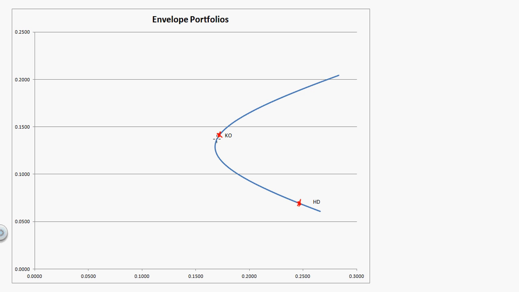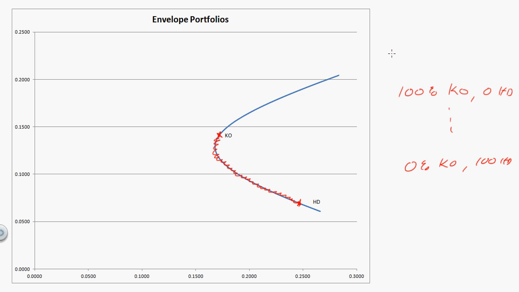So we would be somewhere along this line. This will allow us to be somewhere between 100% Coke and 0 Home Depot all the way down to 0% Coke and 100% Home Depot. So maybe that's the possibilities we have just right there.